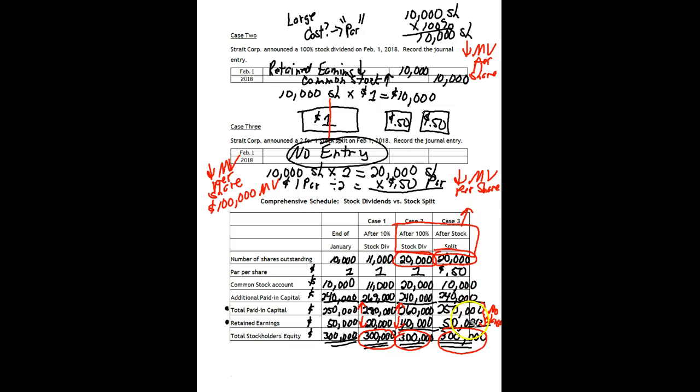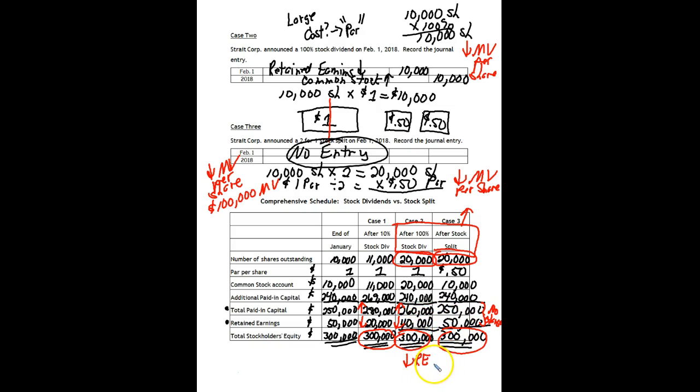In essence, the only difference between those two, because they double the number of shares in the market, is the accounting. And so here's the question: why would I want to shrink my retained earnings? We shrunk our retained earnings. Instead of 50,000, it's only 40.